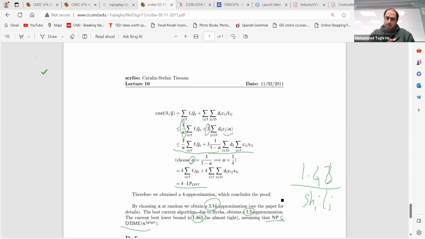I believe it is very close to 1.46. There were lots of SODA and FOCS papers that just improved slightly from this 4. We get a constant factor here, but then we can improve. Good. So this is the one where we are done with facility location.